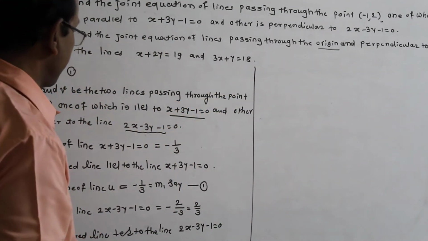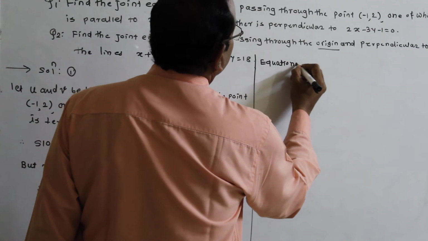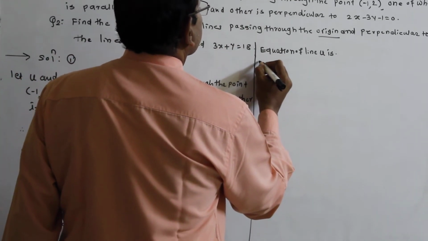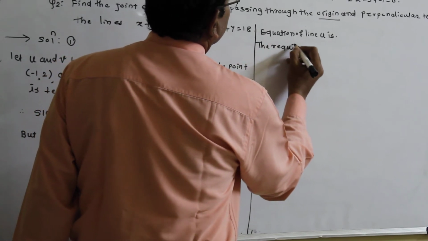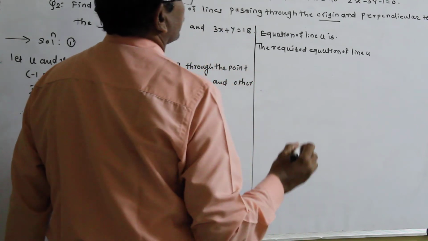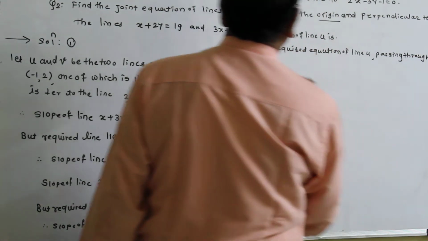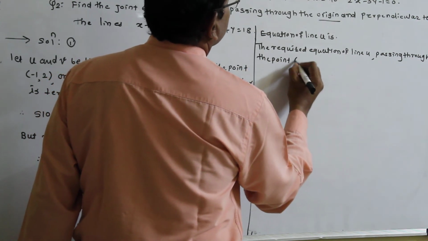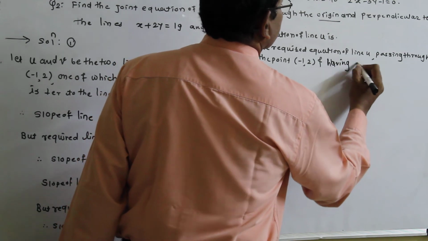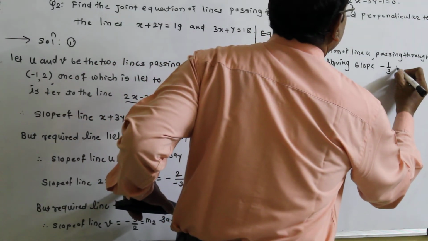Now find their equations. Here the required equation of line u passing through the point (-1, 2) and having slope minus 1 by 3.